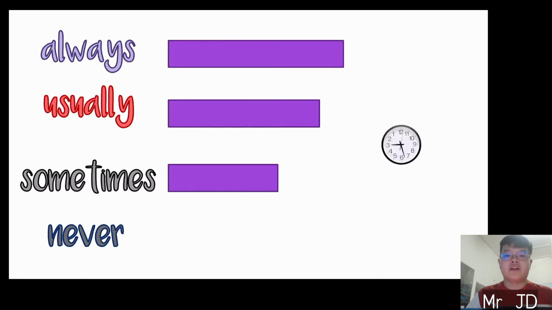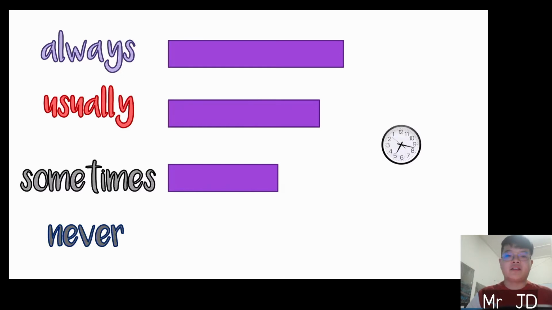Alright, let's look at it together. Always is? Yes, selalunya. What about usually? Biasanya, very good. Sometimes is? Kadang-kadang. And never is? Tidak pernah. Very good. Alright, so you remember the translation, so this will help you to write sentences.